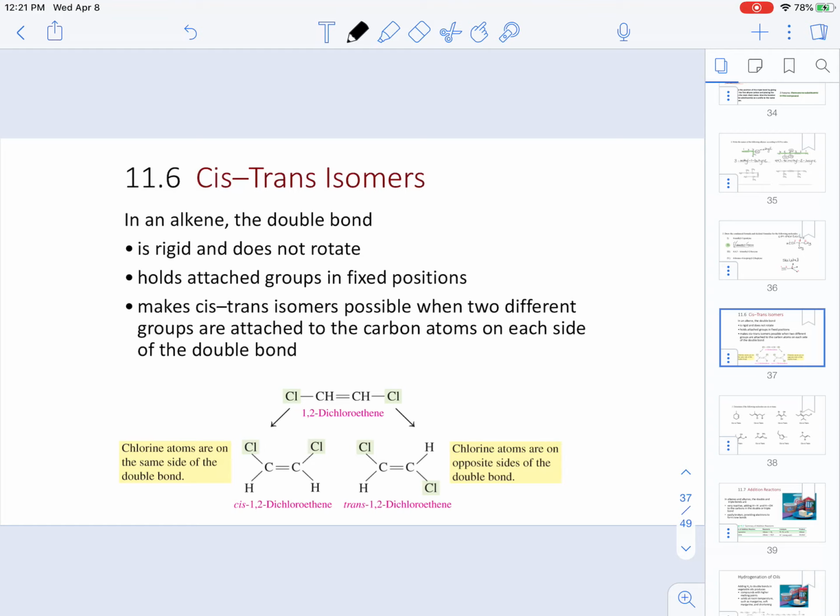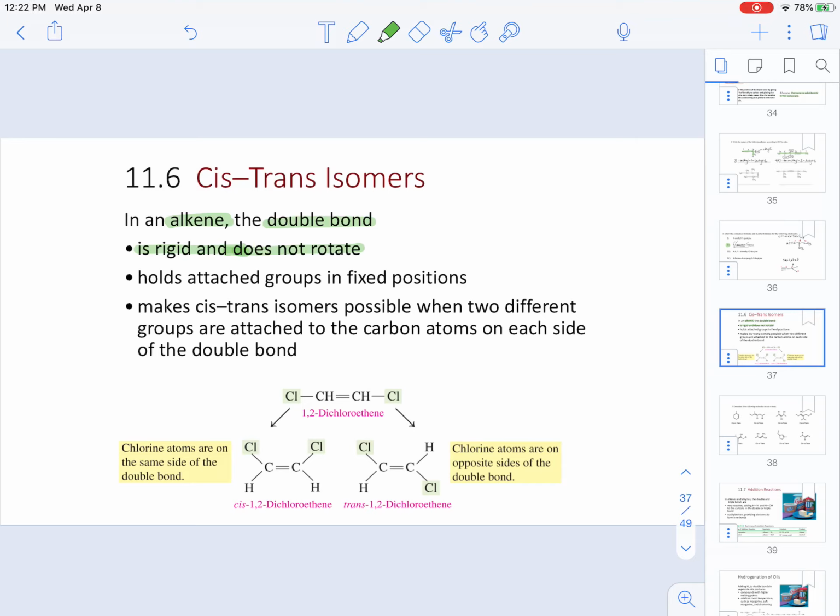Cis and trans isomers are going to be specific to alkenes because of the presence of that double bond. Understand that because of that double bond and its rigidity, this bond does not rotate. And that's why we have cis and trans isomers.